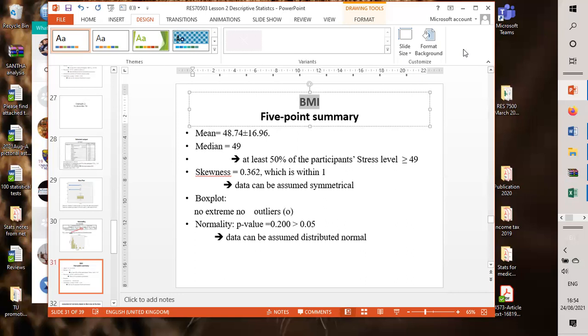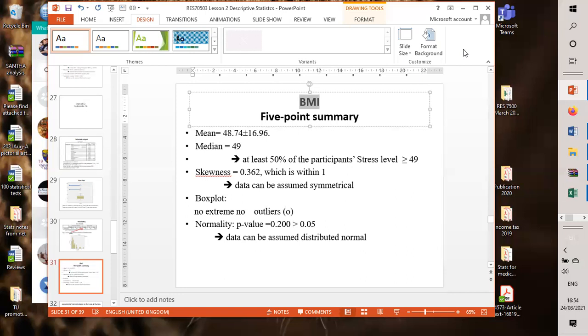Okay, what's the mean? 28.4. And deviation? 5.24. Median? 28. 28, which means? More people have BMI less than 28.